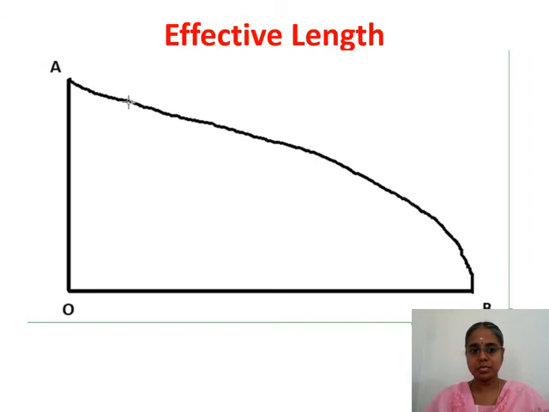Say if your effective length is here, this might be your half. And now these fibers by weight are removed. This part is cut and it is removed.